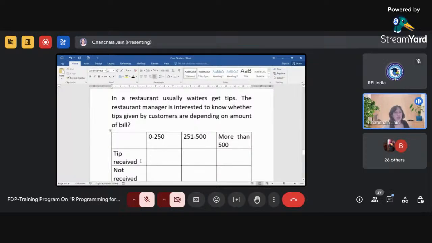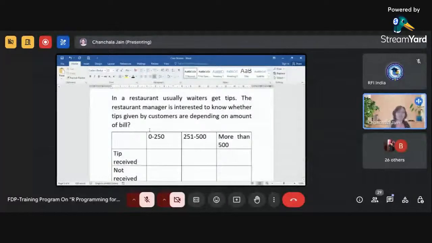So how many tips are received by the waiter for a bill paid by a customer in a particular range? So this can be a case of the chi-square test, because the restaurant manager is interested to know whether tips given by the customer depend on the amount of bill. Suppose I am visiting a restaurant and spend 1,000 rupees.